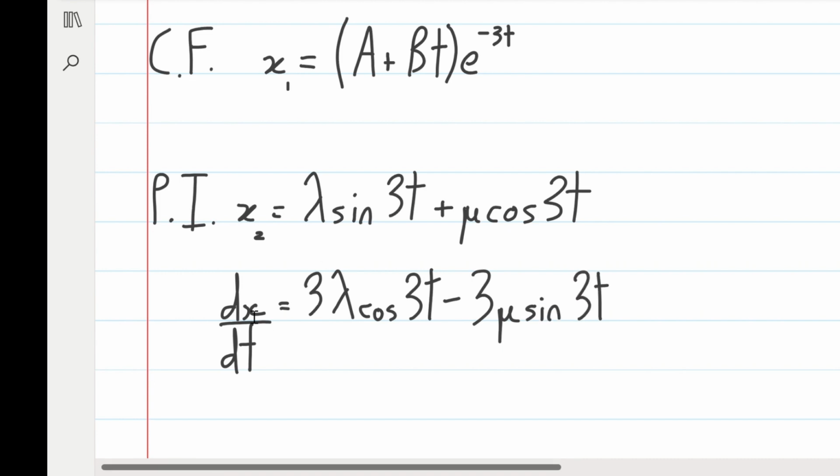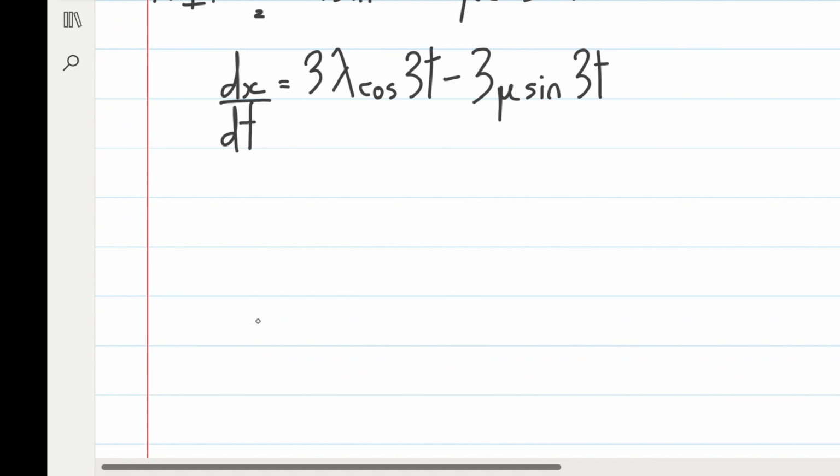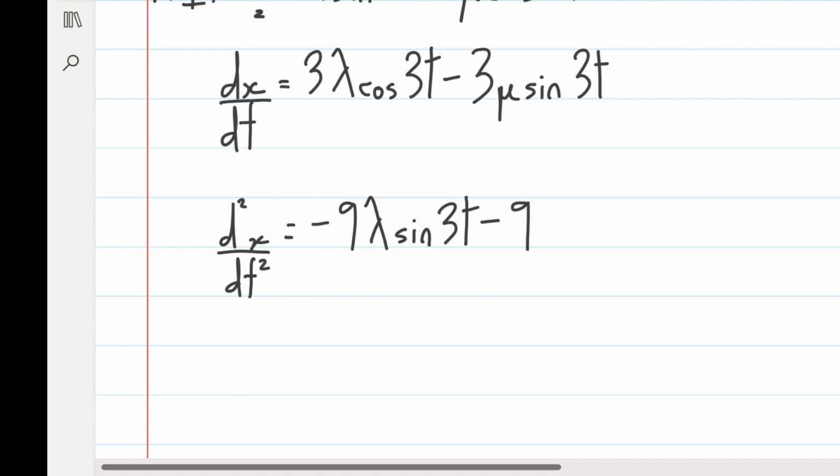Now we're going to have to differentiate this one more time. d squared x by dt squared is equal to, and then obviously differentiating just the t, we have minus 9 lambda sine 3t. And then the sine differentiates to cosine, minus 9 mu cosine 3t.